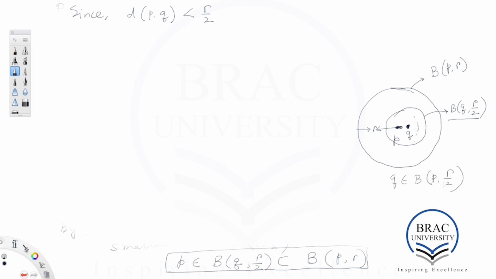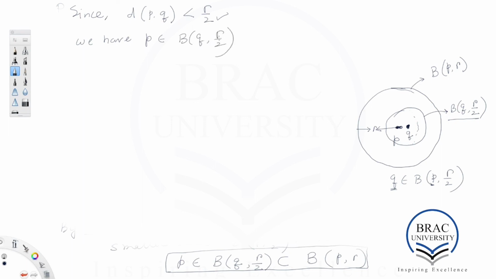Remember? So the distance between P and Q should be less than R over 2. This follows from the definition of open ball in the standard topology of R to the n. So from which it follows that we have P inside B(Q, R over 2).